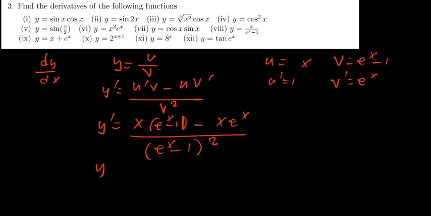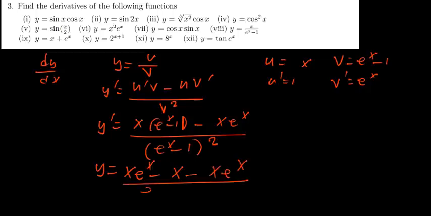In simple terms, this now becomes x times e to the power x minus 1, minus x e to the power x, divided by e to the power x minus 1, then we square it.